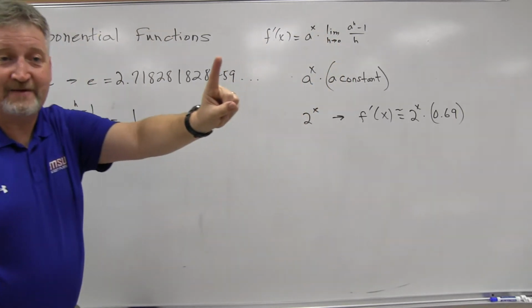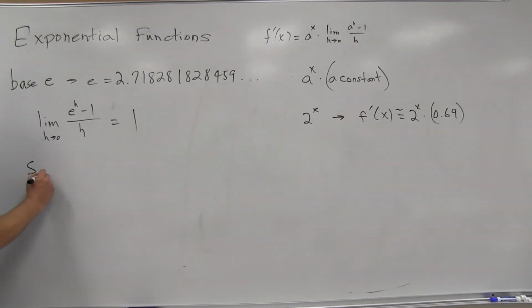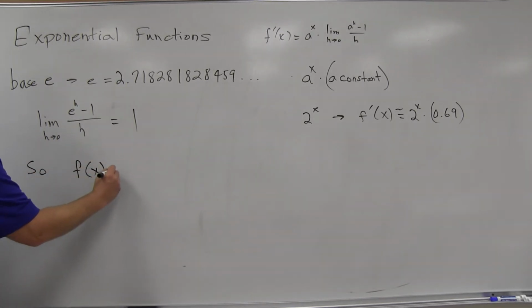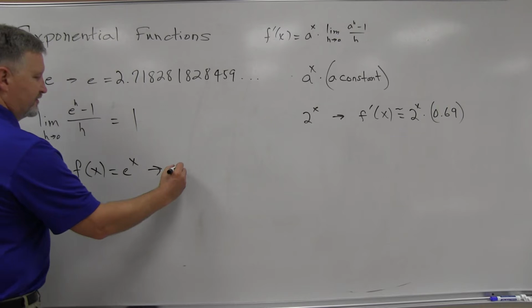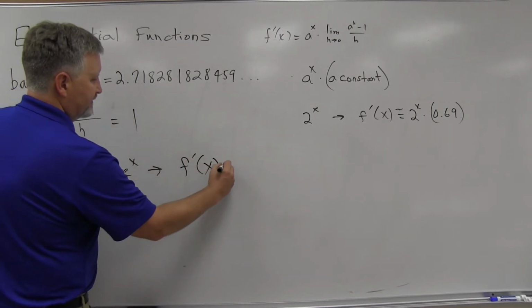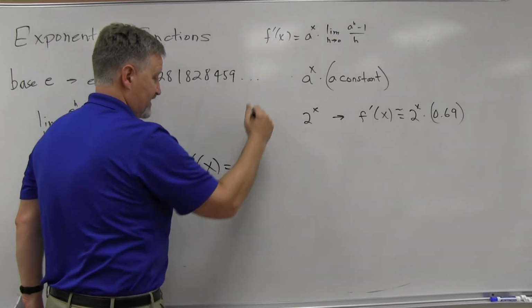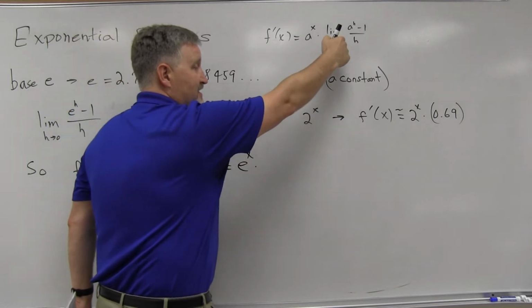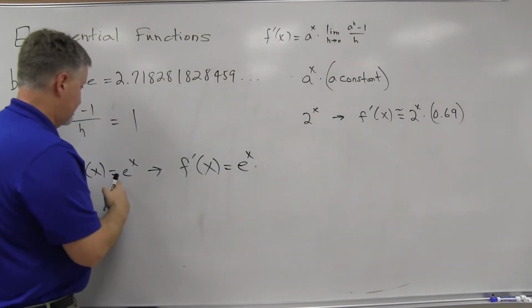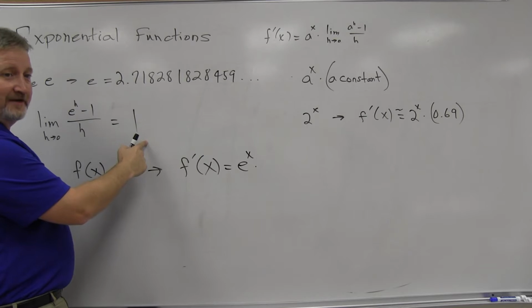So do you notice what that means? If you've got f of x equals e to the x, the derivative is e to the x times this limit of e to the h minus 1 over h, but that is 1.